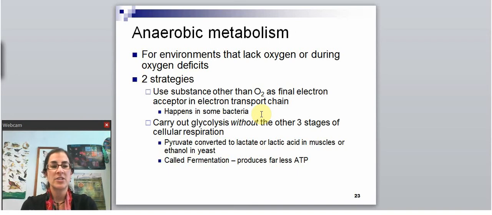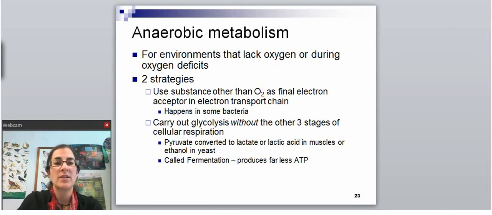So under some conditions, there's organisms that will have to survive when oxygen is either totally absent or very low. For organisms that always live in conditions that have no oxygen, they often have evolved a process called anaerobic respiration.